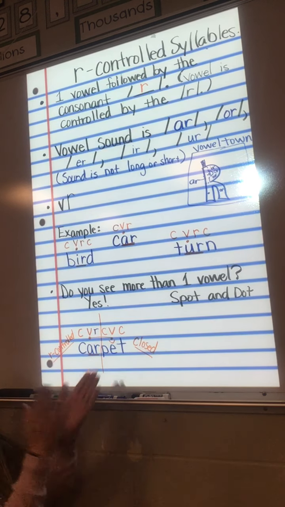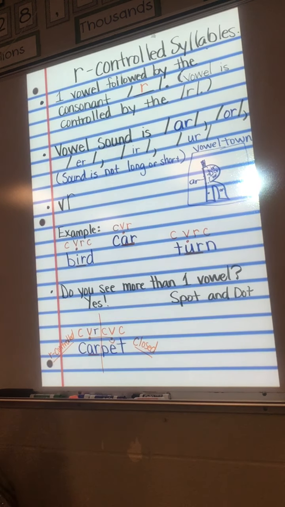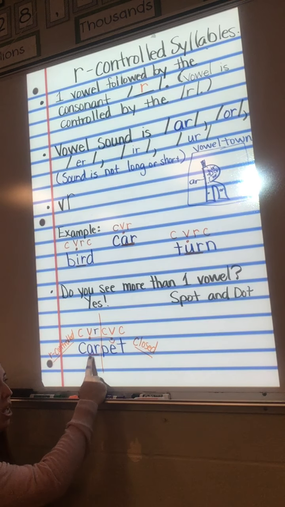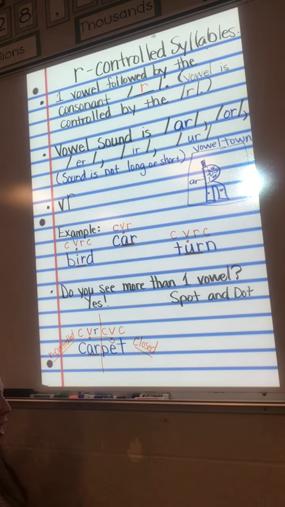Ready? Here we go. Car, pet. Put it together. Carpet. Oh, that's a word, correct? So did I divide it correctly? Yes, so I would divide it right after the R. So carpet. So I've got an R-controlled syllable and I have a closed syllable. So how many syllables do I have? 2. Nice job.